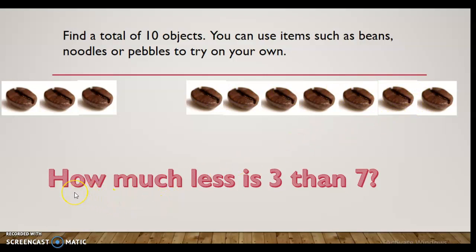Now we're going to ask, how much less is 3 than 7? We know 3 is less than 7. Visually, we can see that there's not as many as there are in this line of beans. And we know that when we count our numbers 1 to 10, 3 comes before 7.